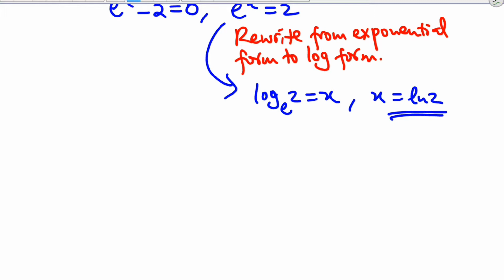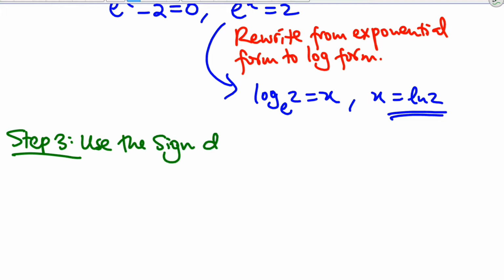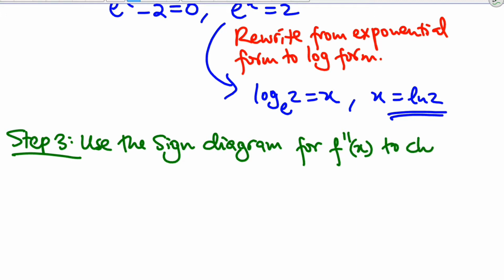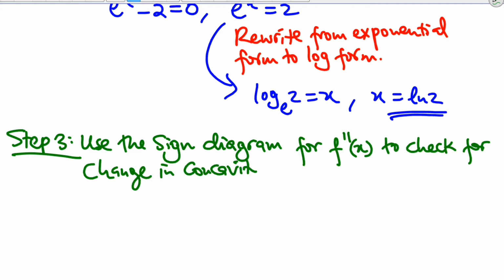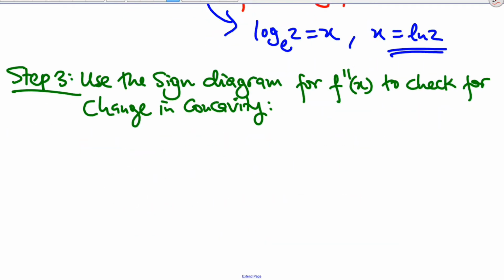So step 3, use a sign diagram for the second derivative to check for change in concavity, which means we need to draw a sign diagram. So here we have ln2.